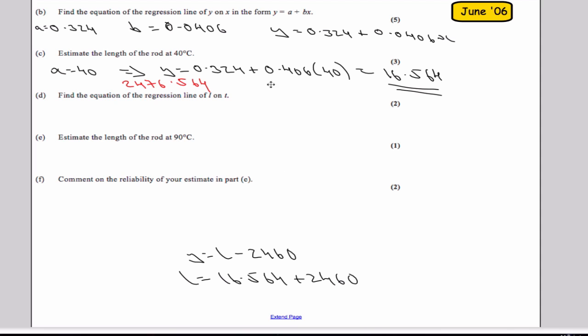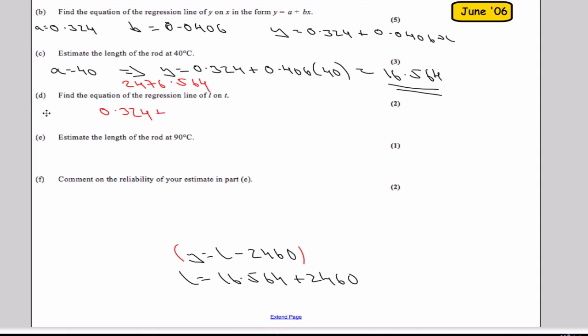Okay, find the equation of the regression line of L on t. Well, x is t, and that's what y equals. So we're going to transform this equation. Beg your pardon, that's wrong. Y is L minus 2460.